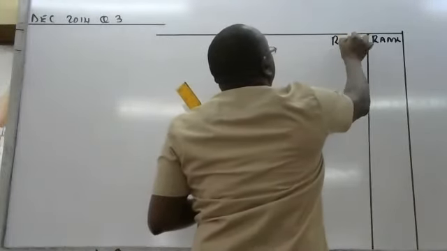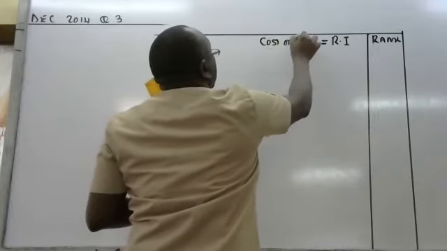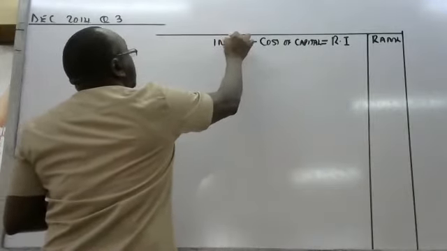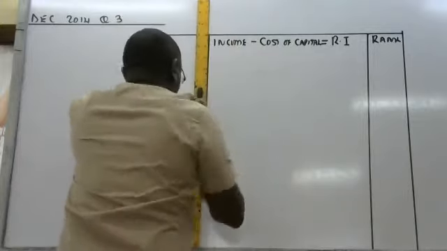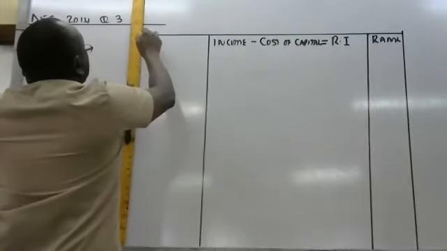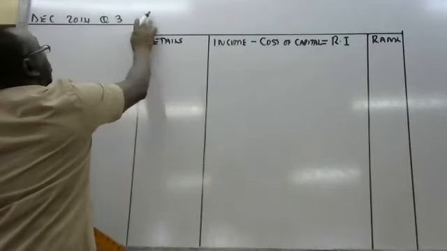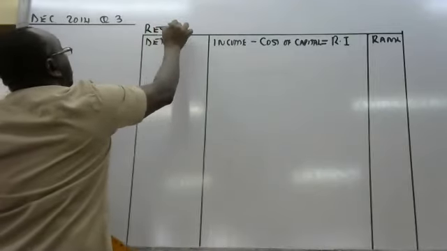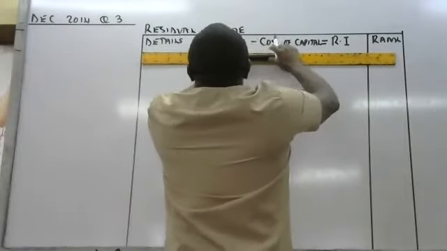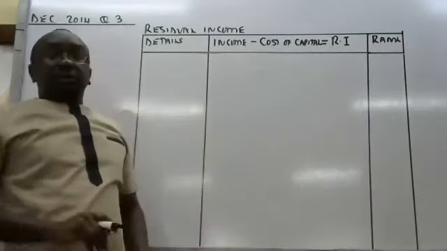We have residual income here, which will be arrived at by income minus cost of capital. So this is residual income.